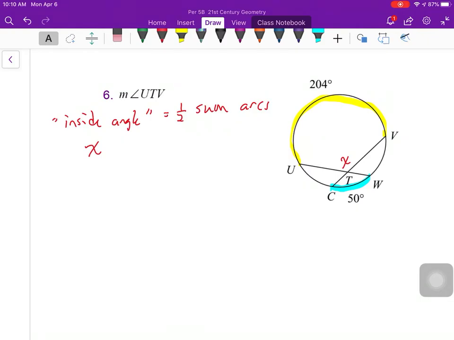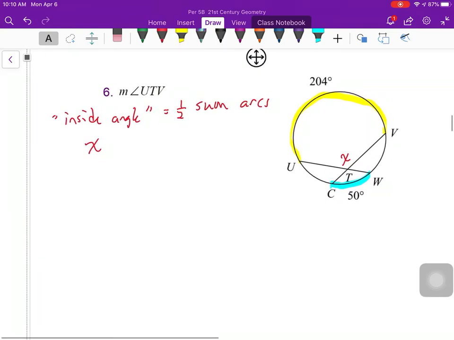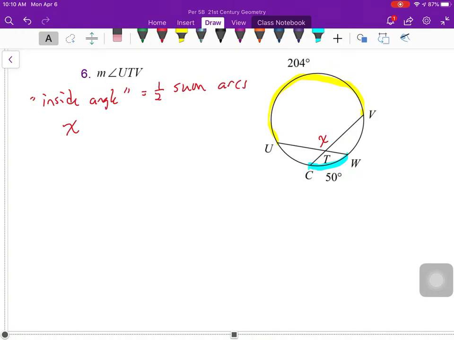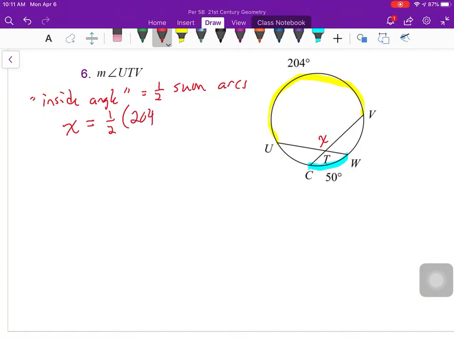X equals one half times 204 plus 50. X equals 1/2 of 254.